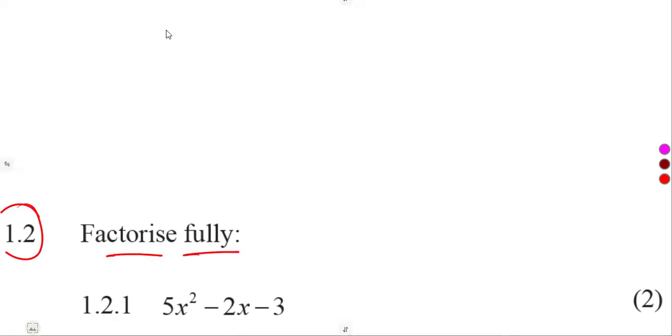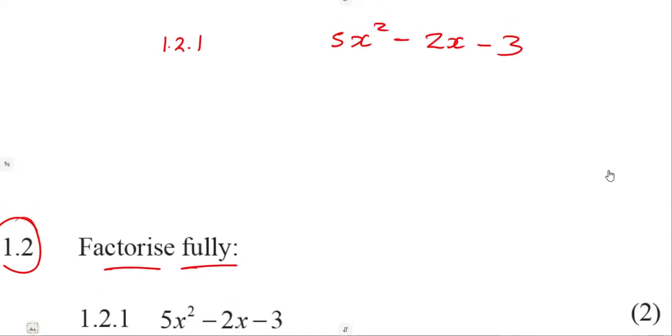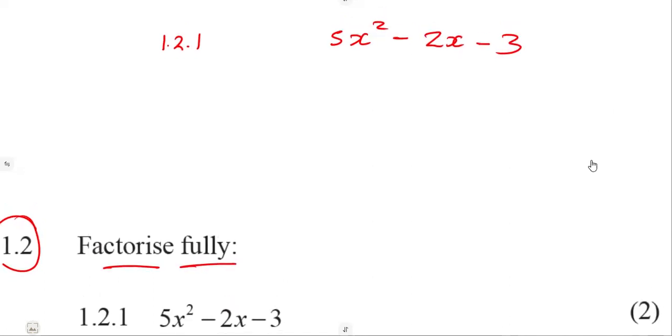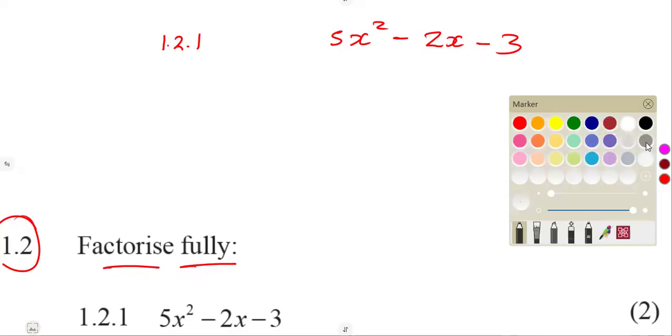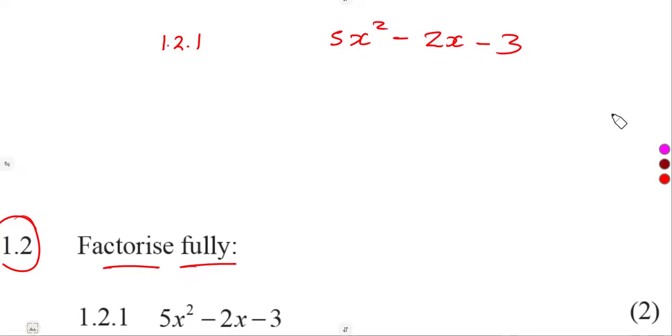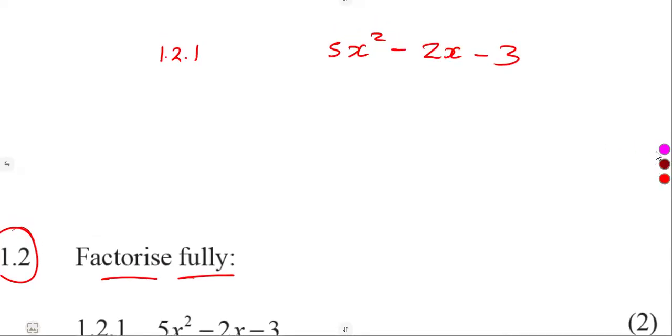On 1.2, factorize fully. So 1.2.1, we are given 5x squared minus 2x minus 3. So I have explained different ways of this factorization, guys. What is important is that we are supposed to have the same answers at the end. But how can we answer this type of question? I said, okay, let us use the cheat method.